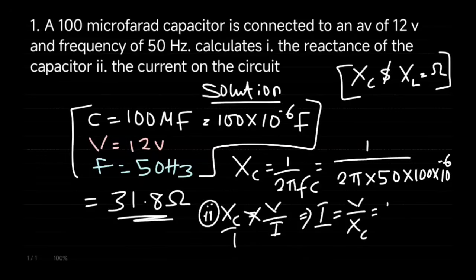What's my V? It's given as 12 all over 31.8. Therefore, my final answer, if I divide that, will be 0.336 ampere.